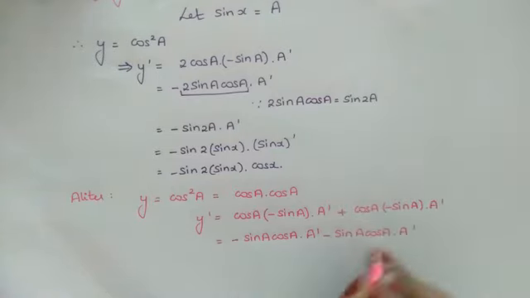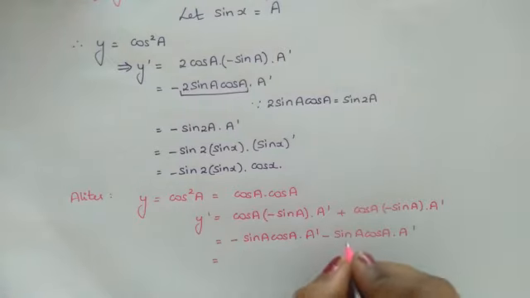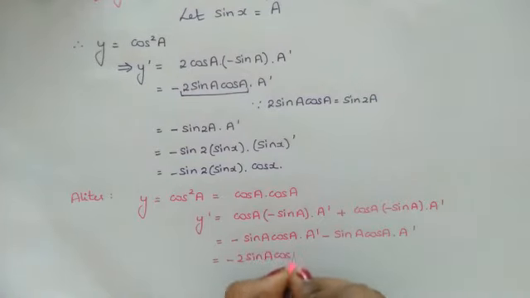They both are like terms, right? So we can add: minus 2 sine A cos A into A dash. So this is again nothing but minus sine 2A into A dash.